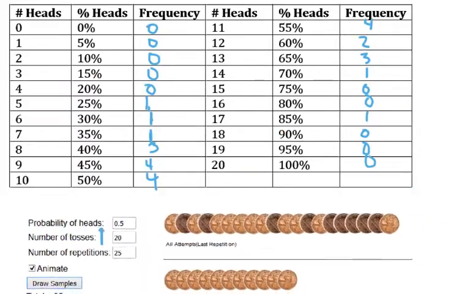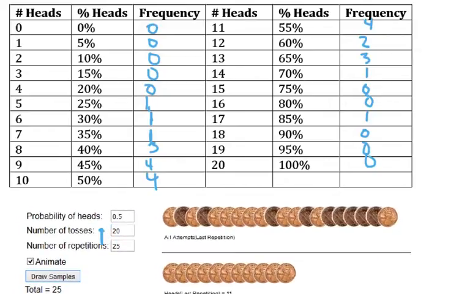Okay, so that was when I did it with 20 coins at 25 times.